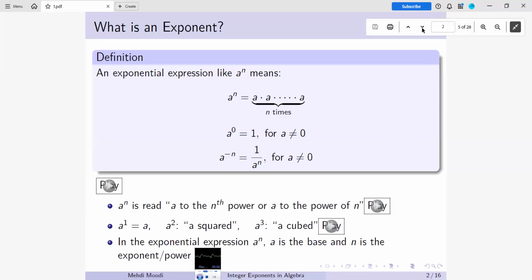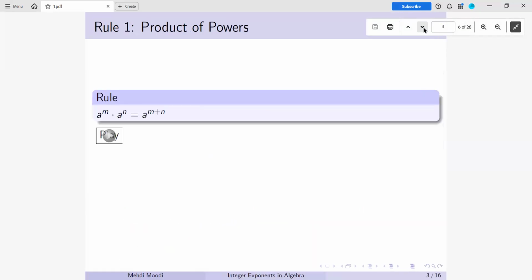In the exponential expression a to the n, a is the base and n is the exponent or power. Okay now, with great powers come great rules. When two exponents fall in love, same base, they just add their powers.